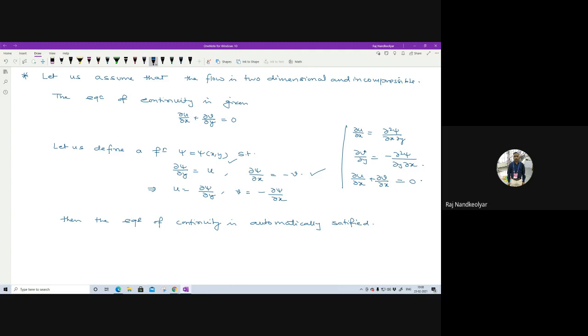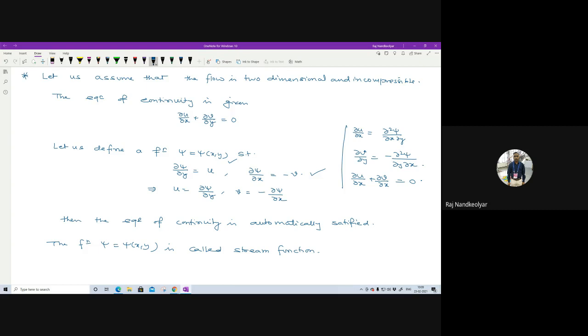Okay, and this function psi is actually called a stream function. Why is it called a stream function?